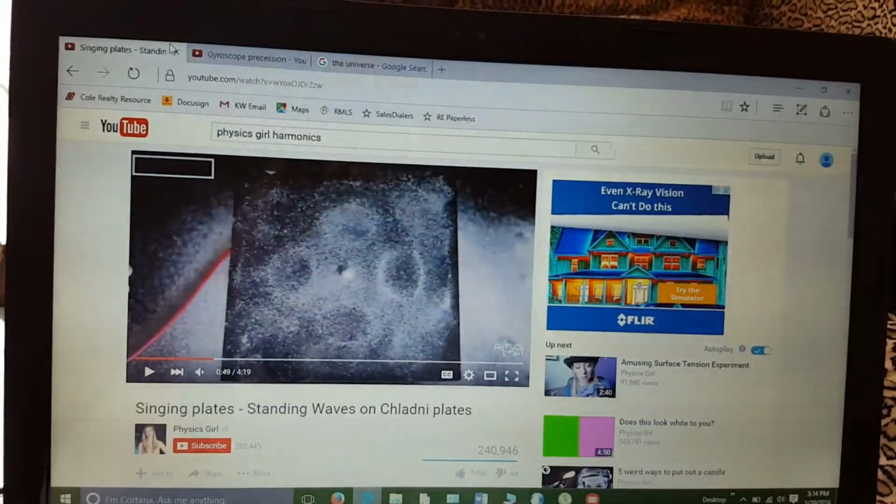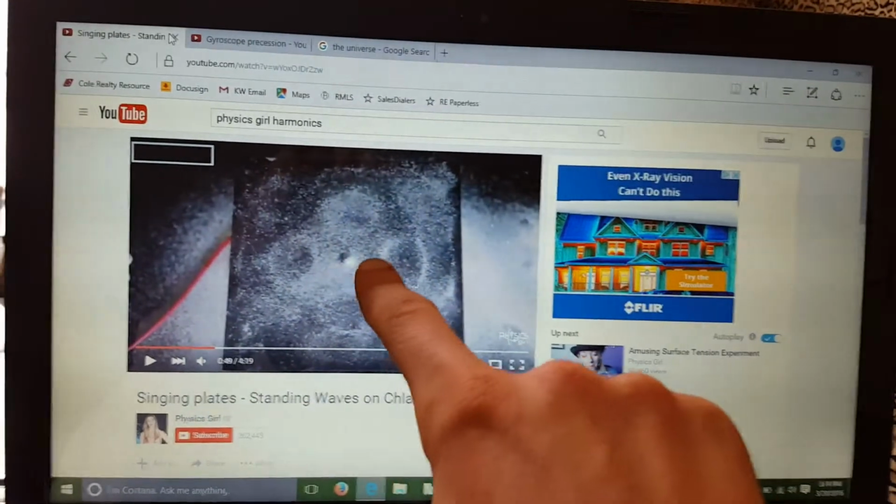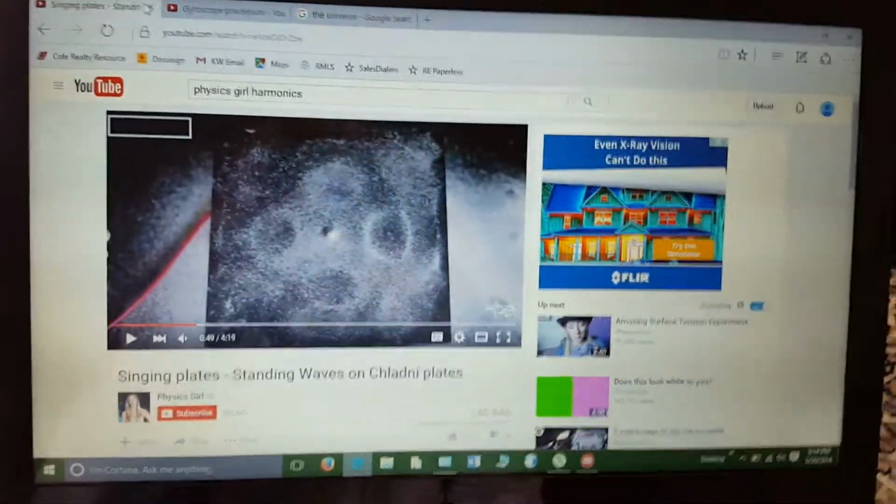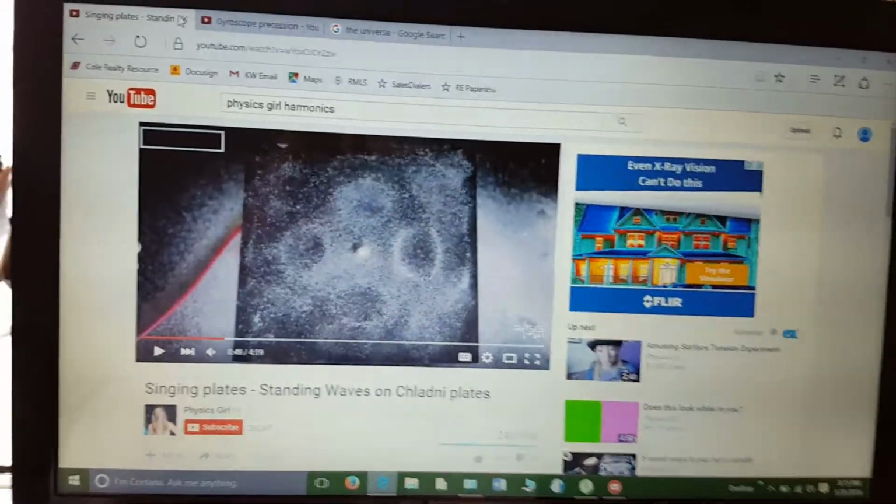So the energy of the universe essentially is emanating outward, and then in the 8th dimension of the universe, which is just spatial heat, it's trapped and then pulled back in.